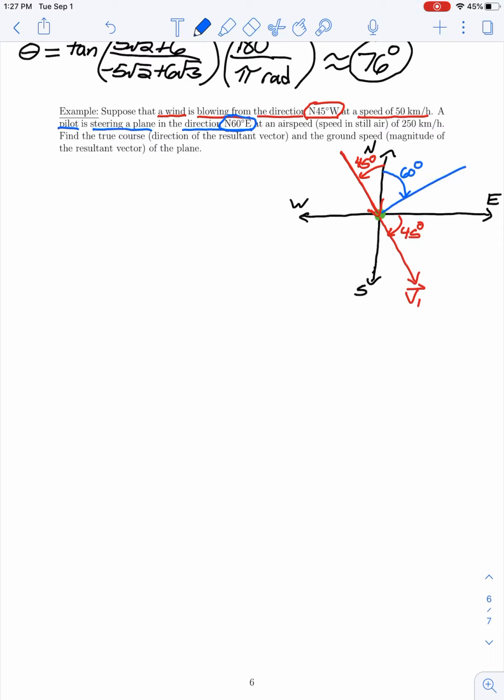So the pilot is steering the plane in that direction. That would mean that from the positive x-axis, we were rotating 30 degrees counterclockwise. And we were told that the airspeed, the speed with no wind resistance, would be 250 kilometers per hour. So that will be the magnitude of the velocity vector for the plane. I'm going to call that velocity vector V2.